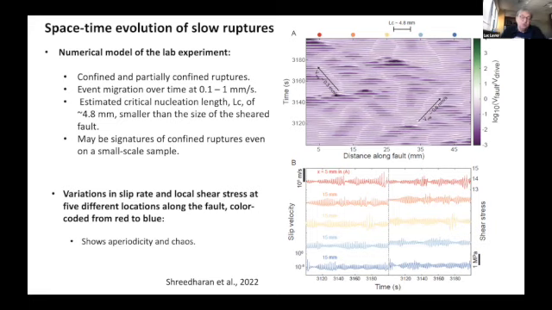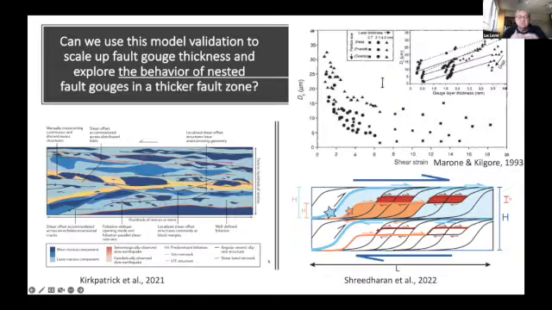So we decided to use this numerical model, a very simple approach for a fault gouge, to ask this question: can we use this model validation, in quotes, to scale up the fault gouge thickness and explore the behavior of nested fault gouges in a thicker fault zone?